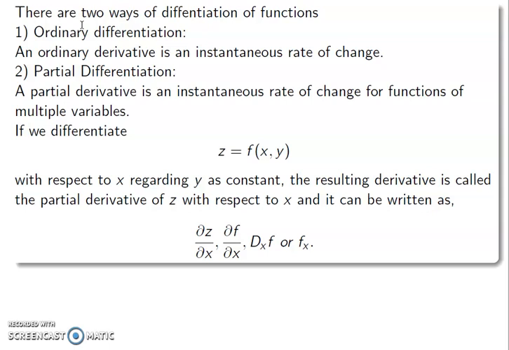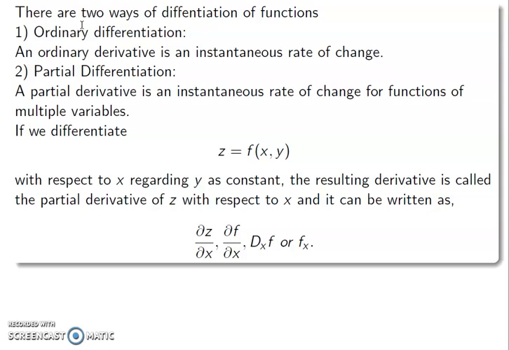Let us suppose a function z equal to f of x comma y, and we want to find its derivative with respect to x regarding y as a constant. What we have to do? We differentiate the function z with respect to x, keeping terms of y constant.